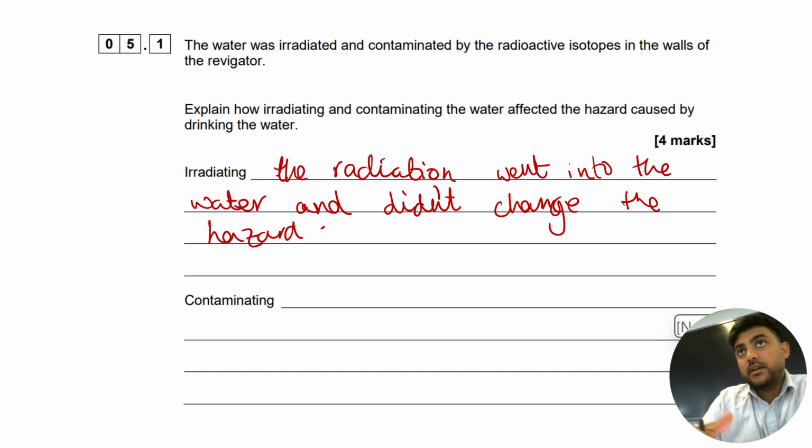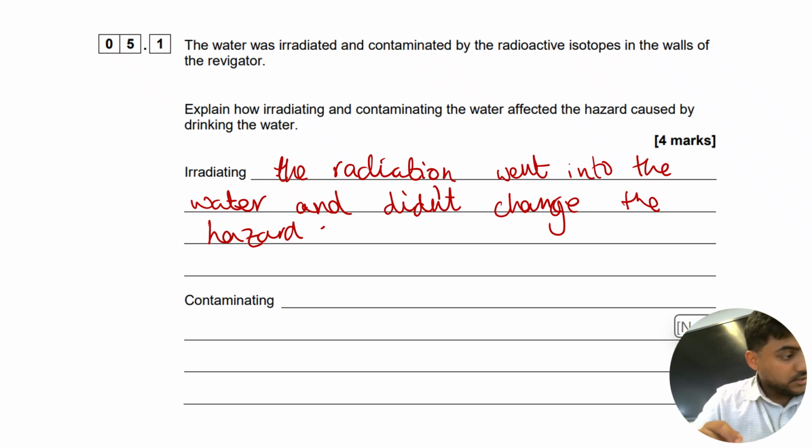Why not? Because the alpha particle goes in, changes nothing about the water, and it doesn't stay there. You could say that the radiation irradiated the water and maybe killed some of the bacteria in it. That would make the water better to drink, so you could say the hazard decreased. Two ways of going about that.